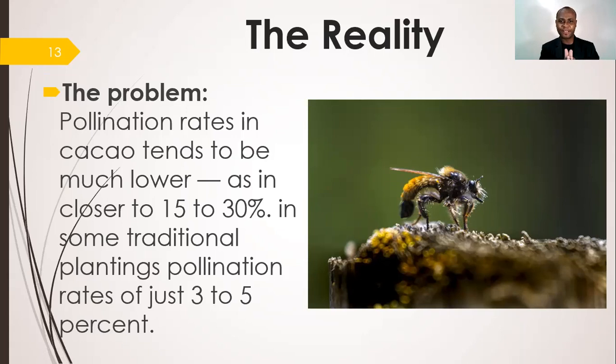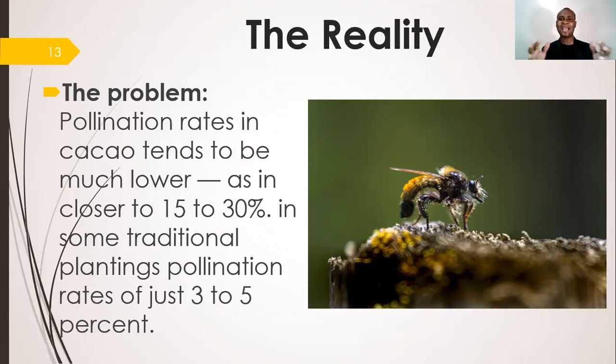So on average, on the entire tree, it's like only 20% of the flowers are going to be pollinated. Okay, and not all the pollinated flowers are going to grow into pods. So a lot more, maybe more than 50%, are going to fall even after pollination.